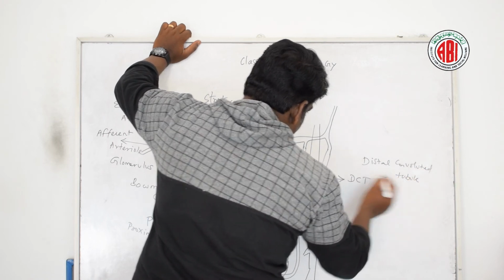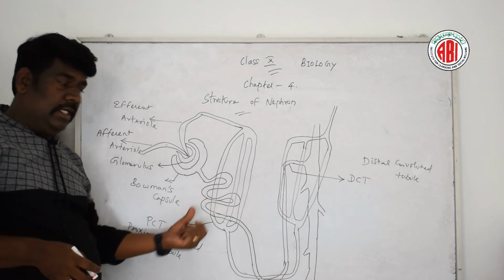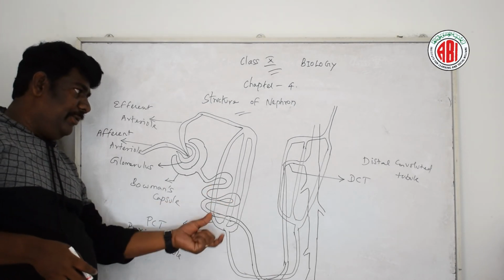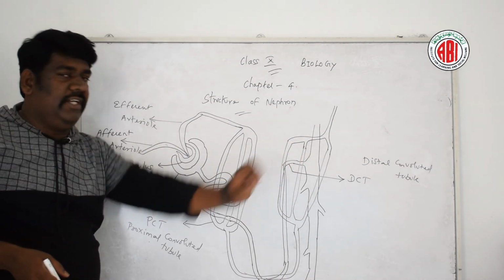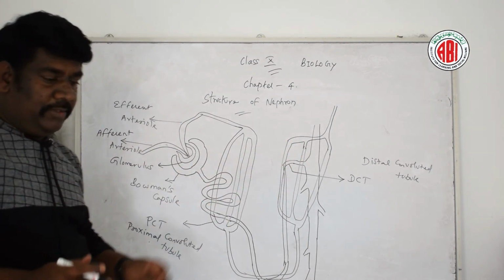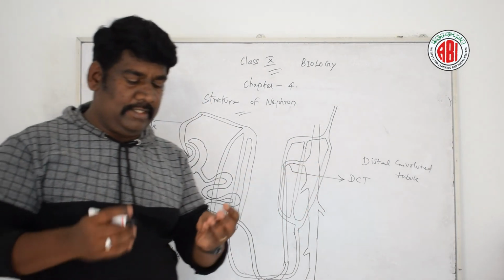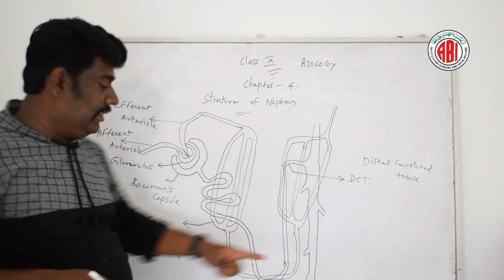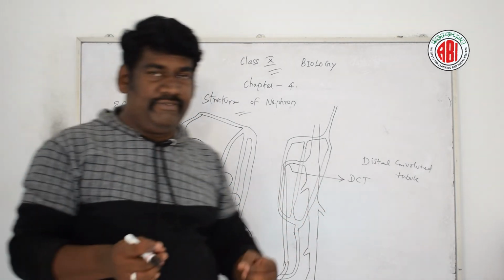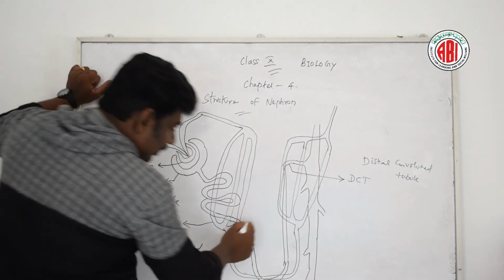Proximal is nothing but the beginning convoluted tubule, distal means the ending convoluted tubule. That we are going to write. If you don't want to write in an elaborate manner or you have a spelling problem, just mention it like PCT, DCT, very simple.